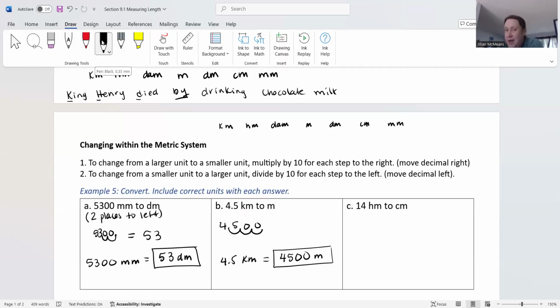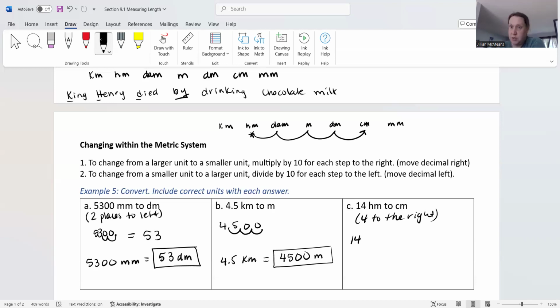And this time we have 14 HM, so that's hectometers, and we want to convert it to centimeters. So hecto is right here. I need to move to the right to get to centi. So I would multiply by 10. I'd multiply by 10 again, 10 again, 10 again. So I need to move my decimal 4 to the right. And if you don't see a decimal, you just assume it's at the end of the number.